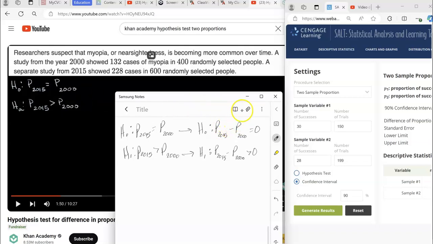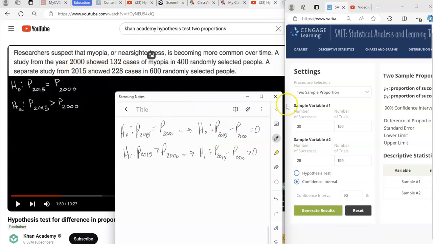So let's type in what we know. We're going to start with 2015, and the reason that one's first is we're trying to determine whether or not it's more common over time. So this year occurs later than 2000. So our P1 is going to be 2015 information.